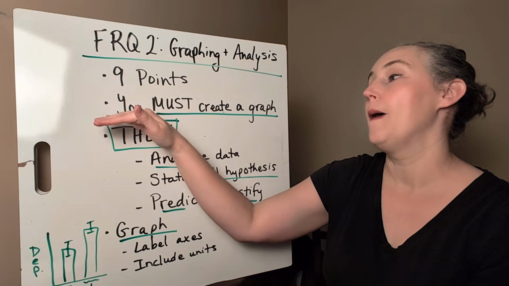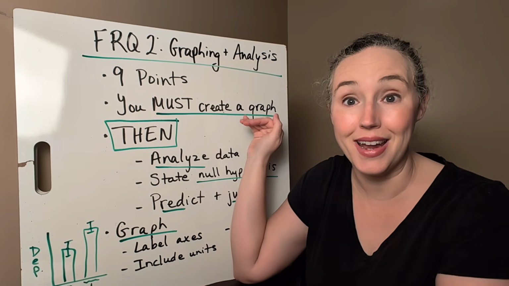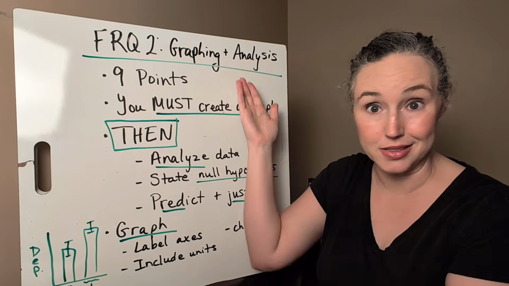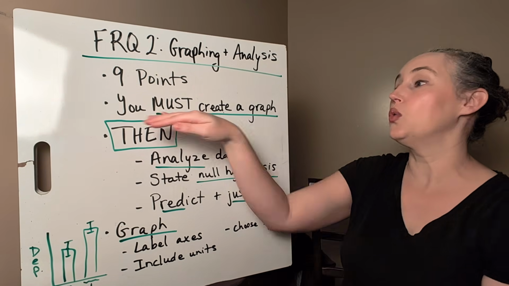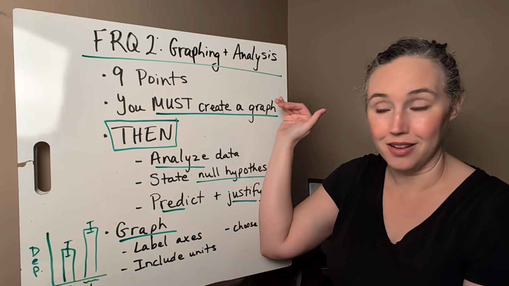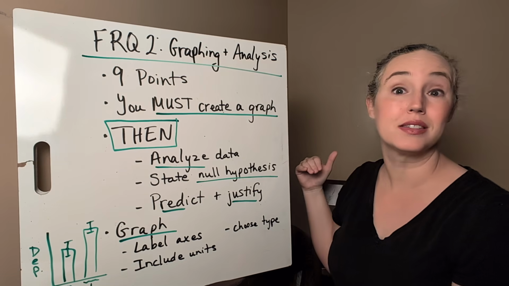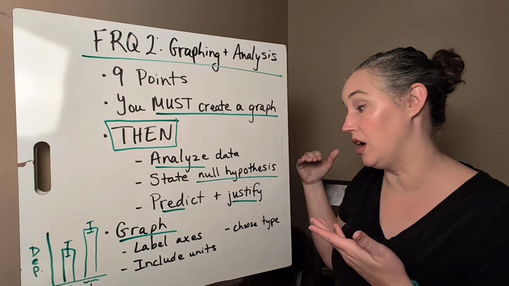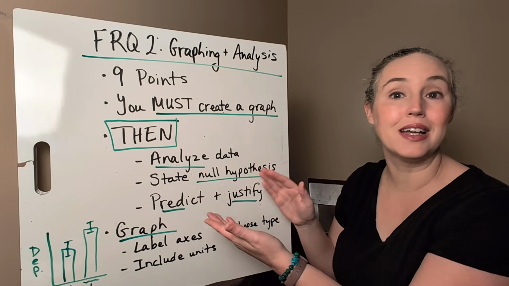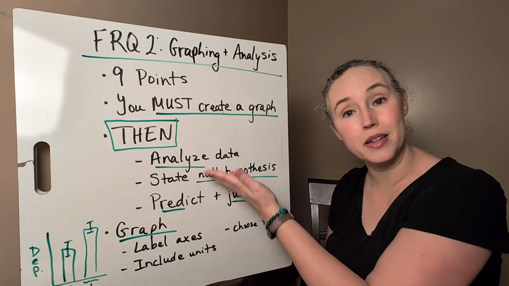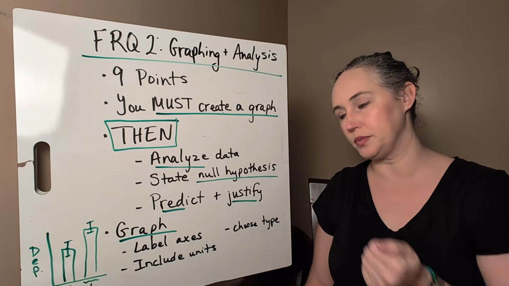The key here is you've got to create a graph, and that's going to be like 3 or 4 points of this 9 points. Once you create the graph from the data, you're going to be asked to analyze that data. Sometimes you may be asked to state a null hypothesis and then predict what will happen next and justify it with evidence from the data in the graph that you just made.